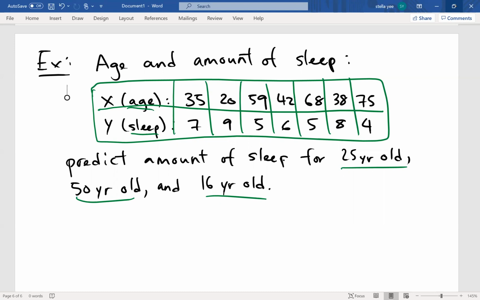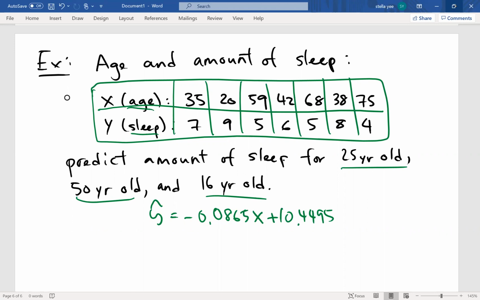Okay. All right, so if you've computed the regression line, what I got was something like this. I got y hat equal to negative 0.0865 x plus 10.4495. I'm using a lot of digits here, but it is good practice to use more digits than you intend to use, and then round at the very end.